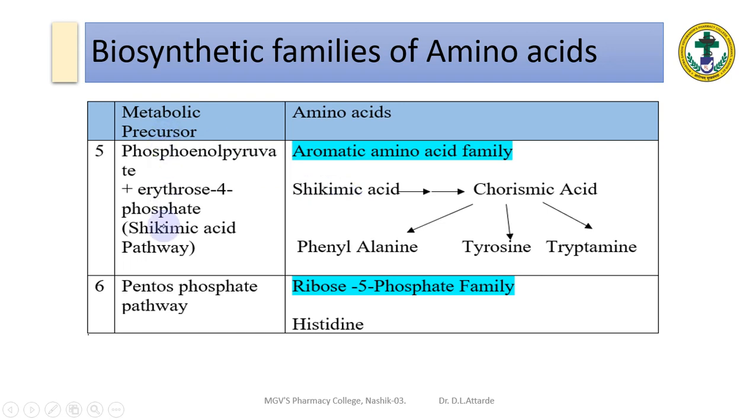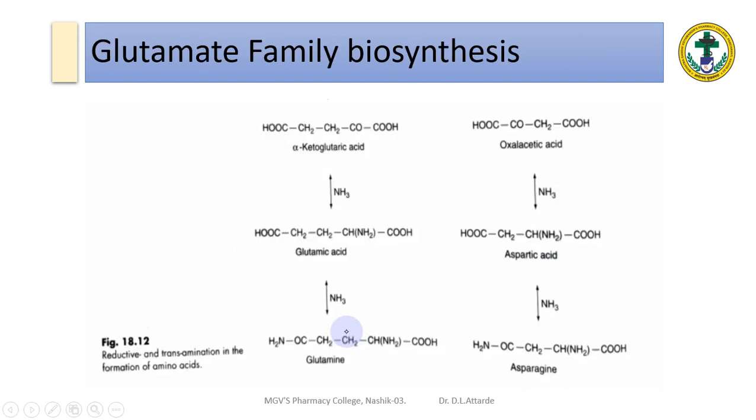The shikimic acid pathway mainly involves phosphoenol pyruvate and erythrose 4-phosphate with the formation of chorismic acid, which gives phenylalanine, tyrosine, and tryptophan. The sixth one is the pentose phosphate pathway, which forms the ribose 5-phosphate family, a precursor that gives the amino acid histidine. We'll see all of this in detail.